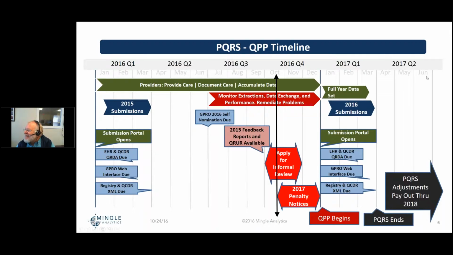And again, we'll get around to pulling that final data set together in the first quarter of 2017 to make your final PQRS submission. Now, I say there at the bottom right that PQRS ends March 31st, but it doesn't really. It's really not over until the crying's over.